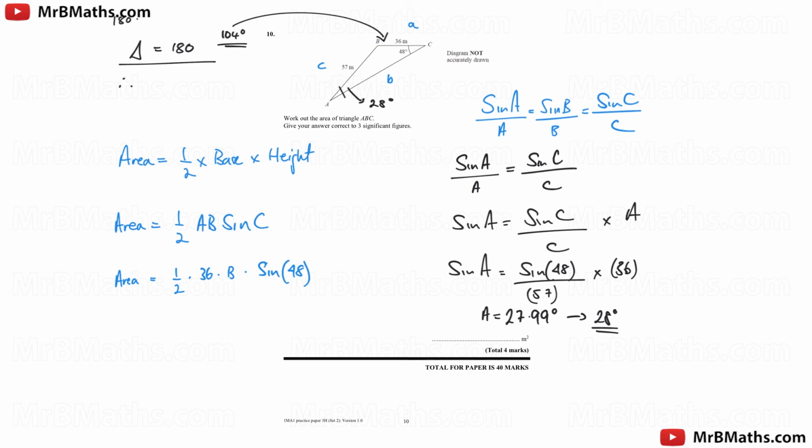So I'll just write the calculation there, 180 take away 48 take away 28.